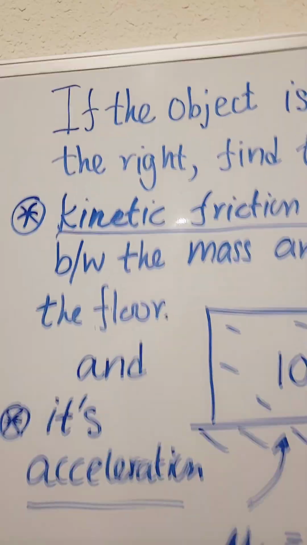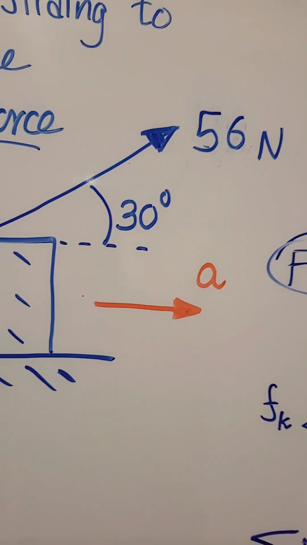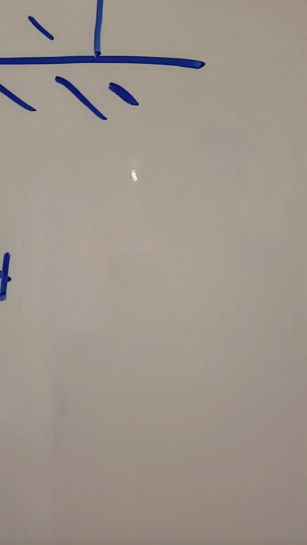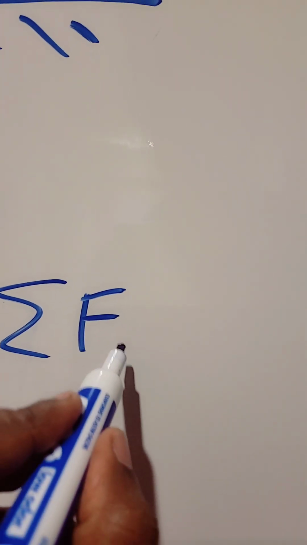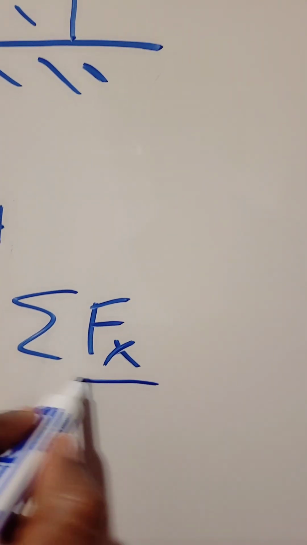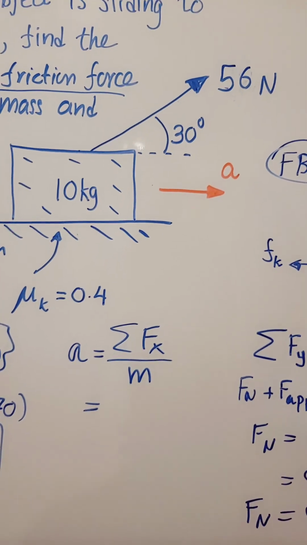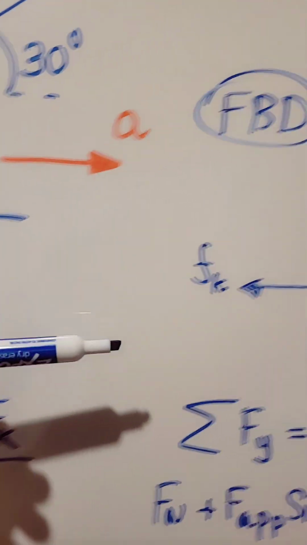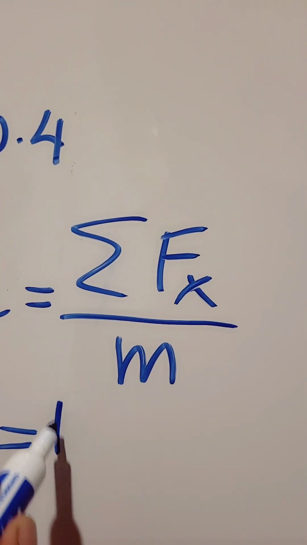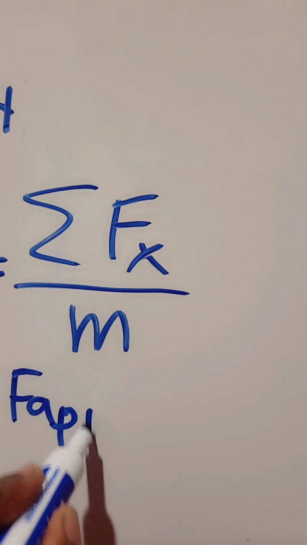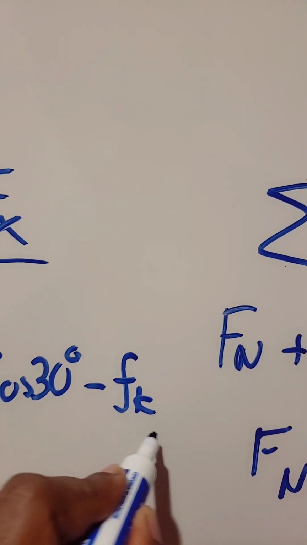We are not done yet because we did this part. Now we need to find the acceleration. How do we do that? Acceleration is equal to the net force along the x direction divided by the mass of the object. How do we find the net force along the x direction? Look, that's going to be F applied cosine 30 minus f of k.